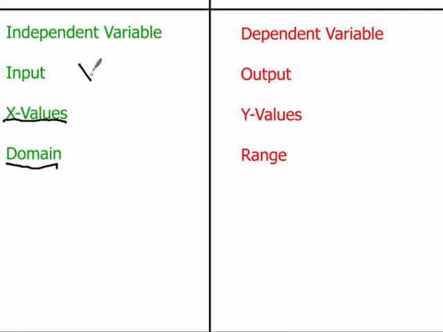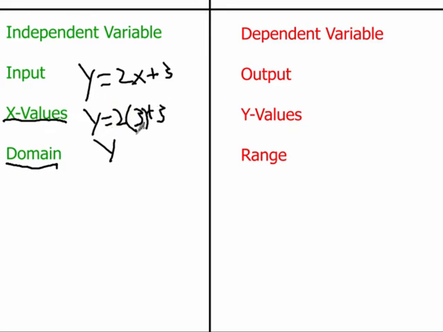So if I gave you an example like y equals 2x plus 3, whatever y is, it's dependent on what we put in for x. If I put y equals 2 times, let's say x is 3, plus 3, well, if I work this out, 2 times 3 is 6. 6 plus 3 is 9, so I get y equals 9.